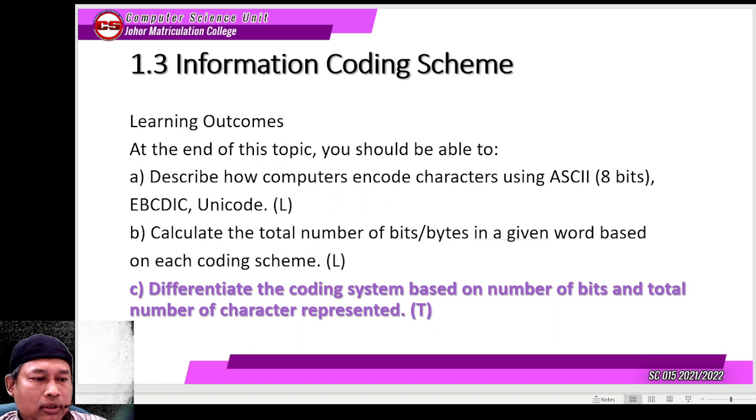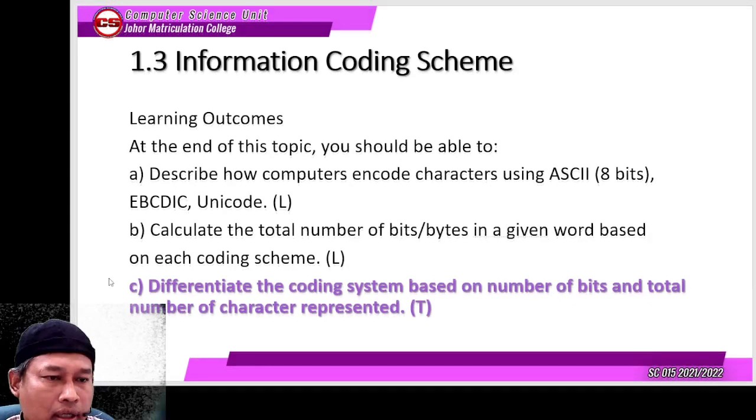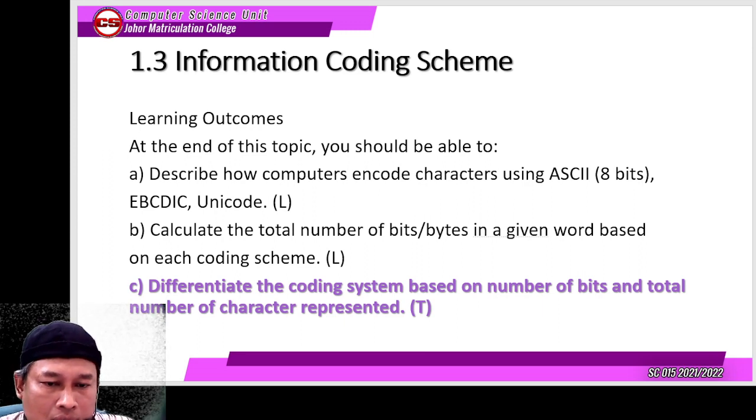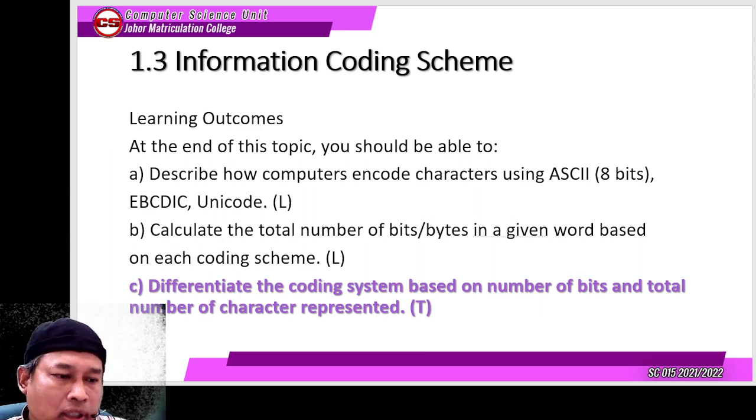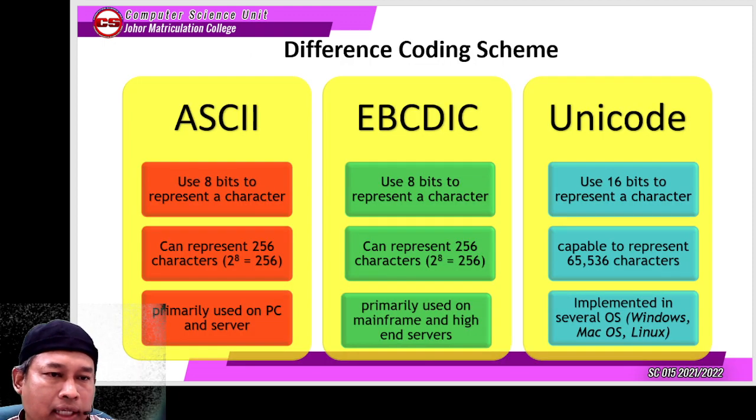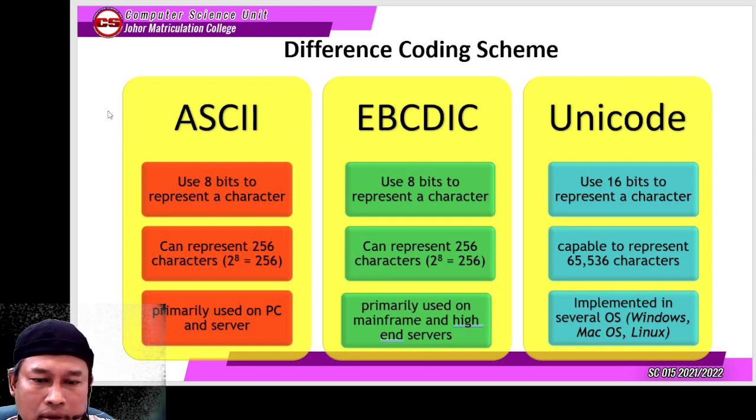Okay, now what is the difference between coding schemes based on the number of bits and the total number of characters represented? This is the difference between the coding schemes ASCII, EBCDIC, and Unicode.